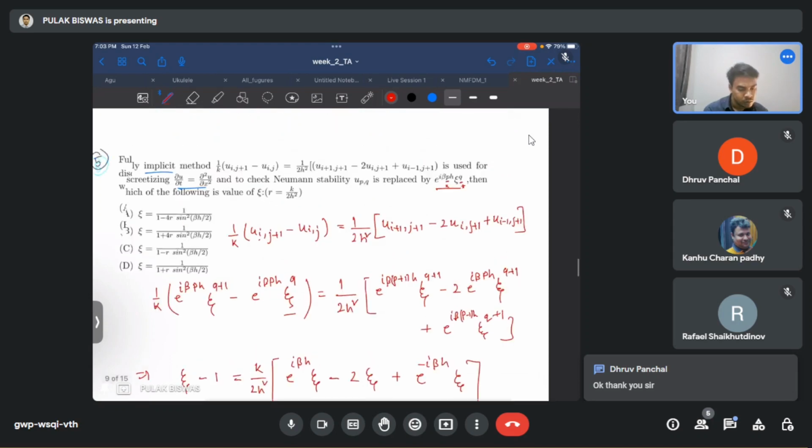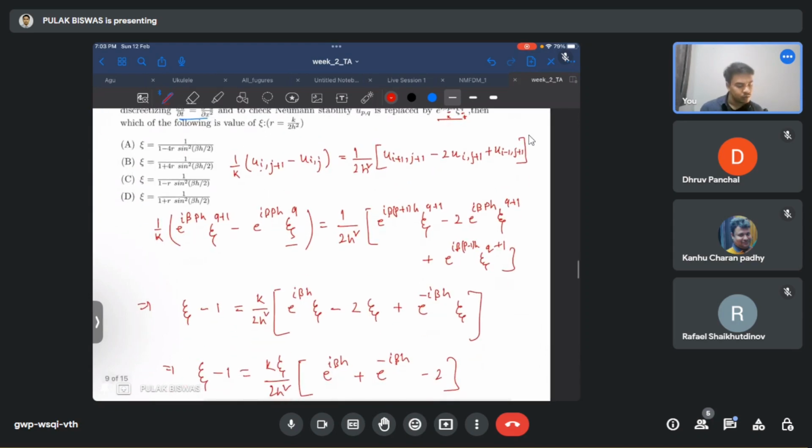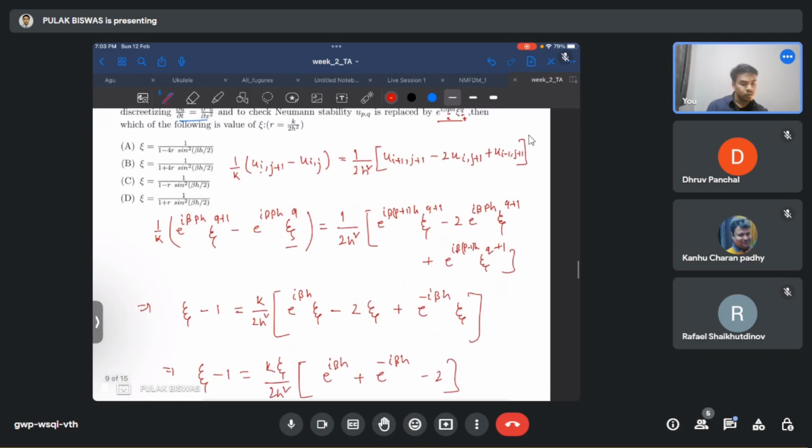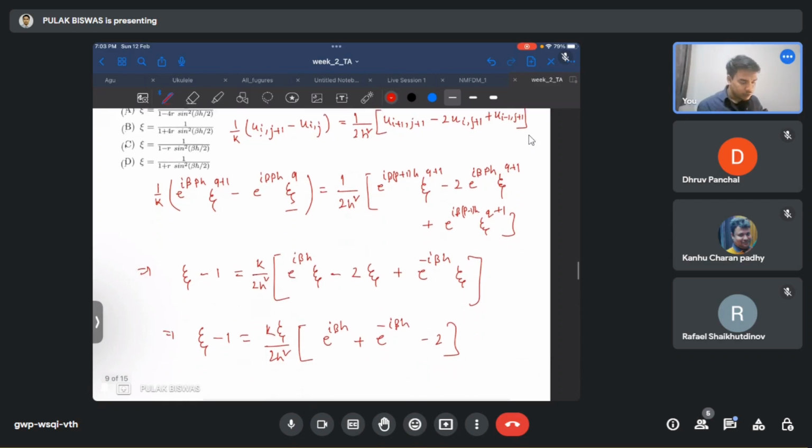What is the option? This one is r, k by 2h square.